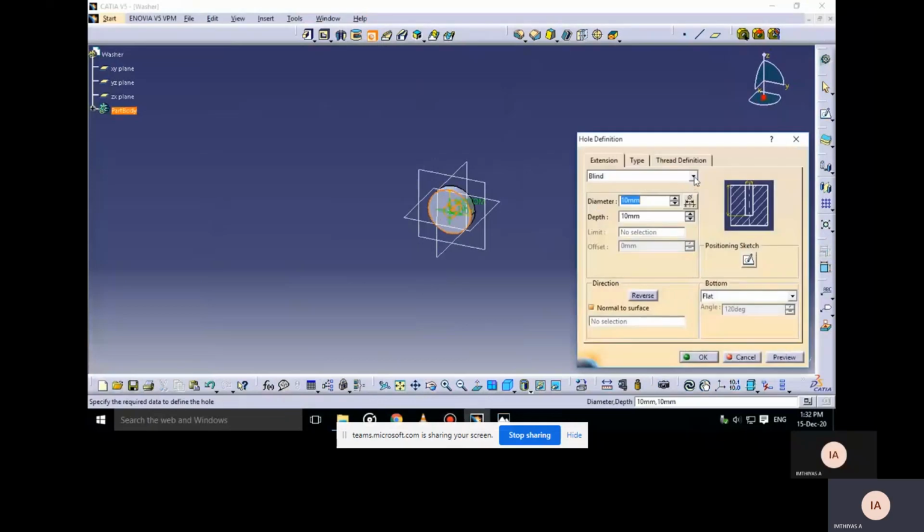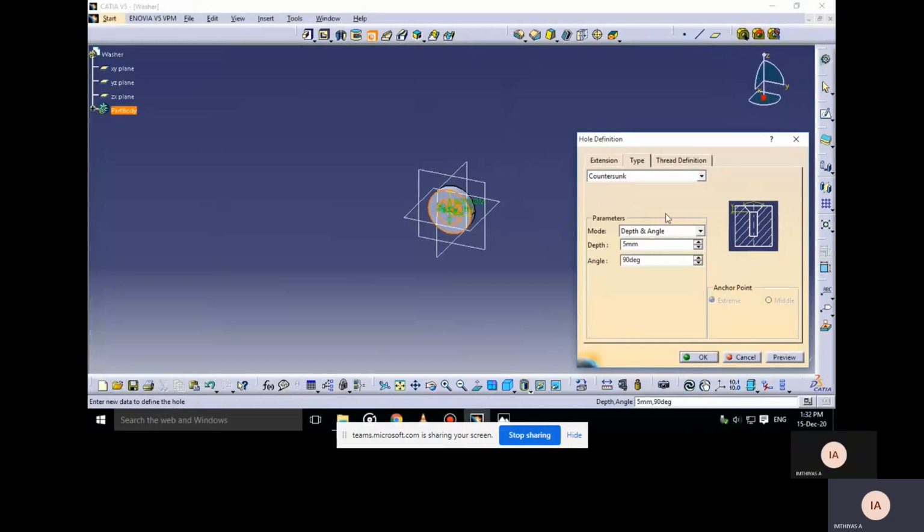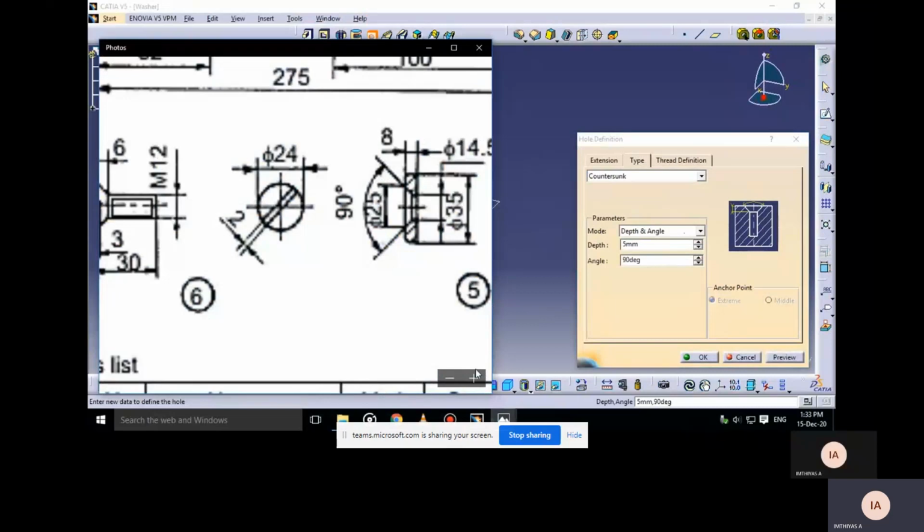We will make a hole by using the hole definition command. Depth is 8.